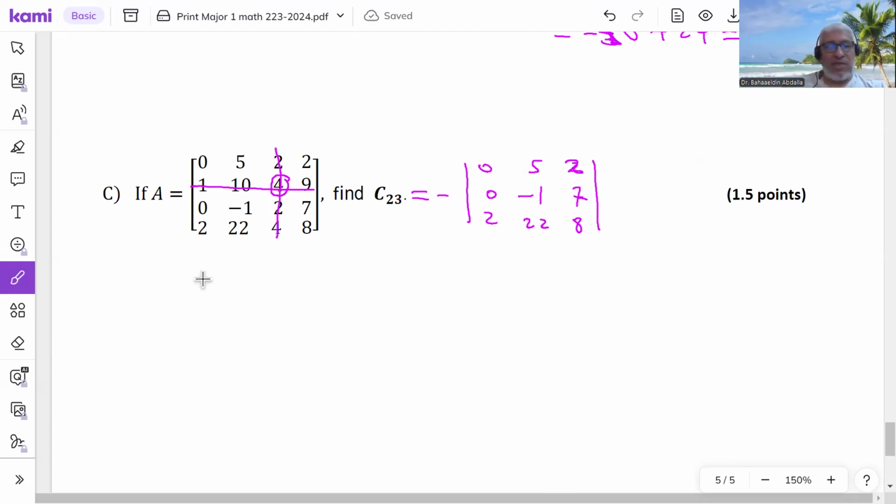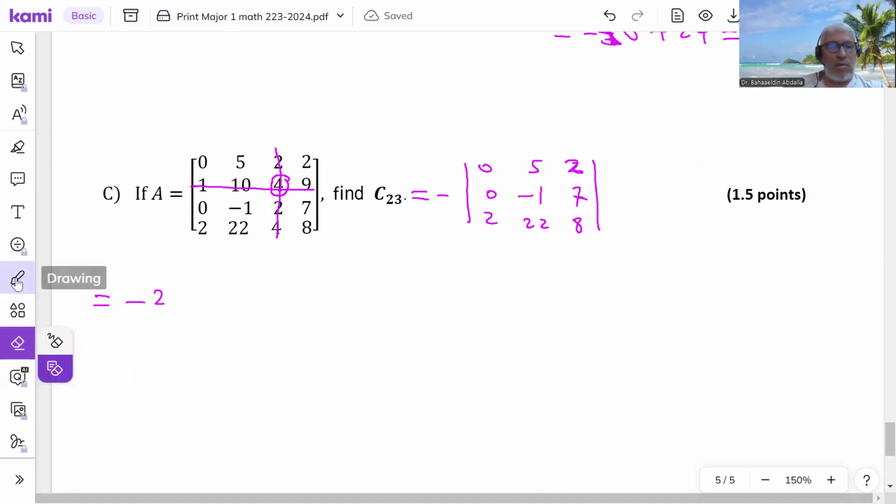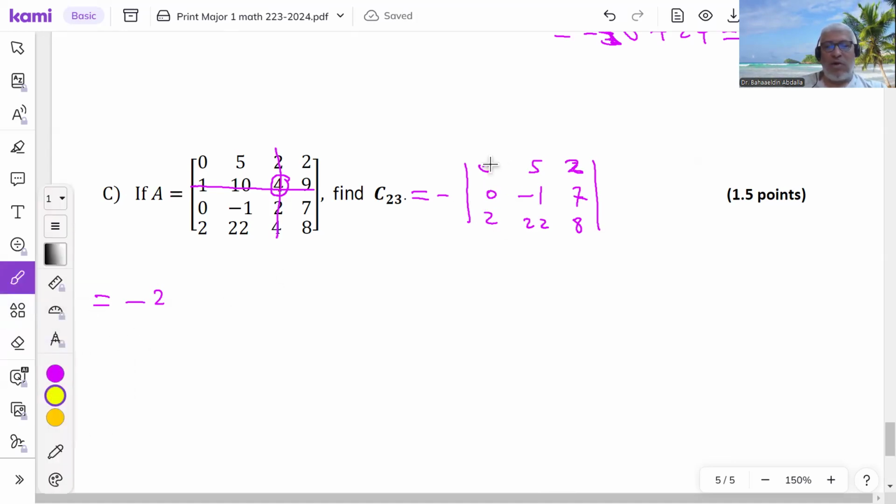Now this determinant is easy to evaluate. I'll use cofactor expansion along the first column. 0, 0, I have this 2, the sign is positive. So this 2 will come out, and I will remove the row and the column. So I'll have 5, 2, this is the minor of this element 2.